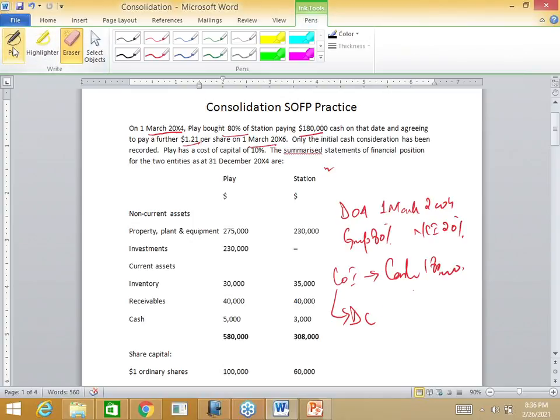The payment will be 1.21 into 60,000 into 80%, because we have bought 80% shares of 60,000. So what will be the amount of the payment in future value terms? 58,080.